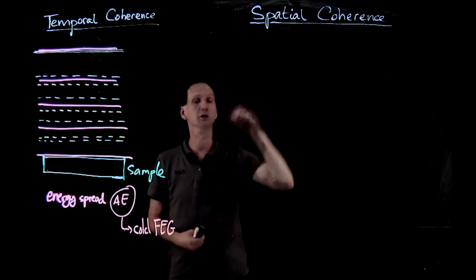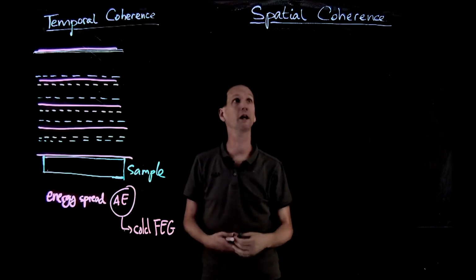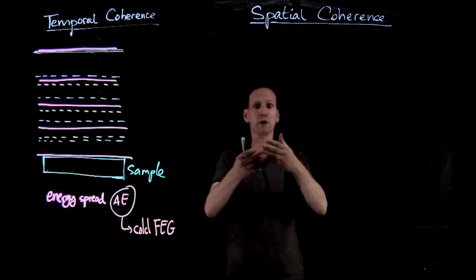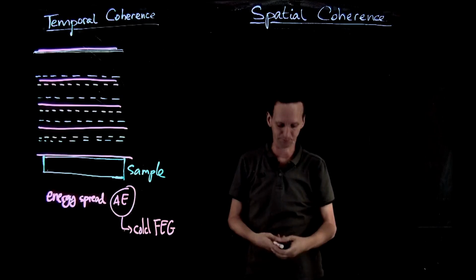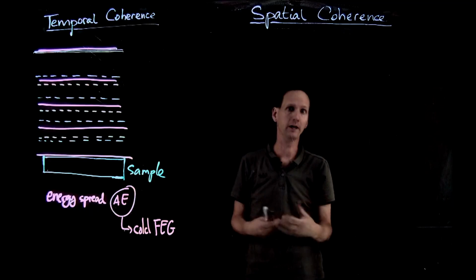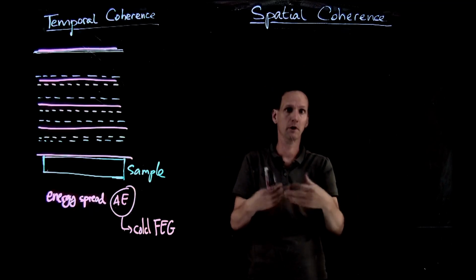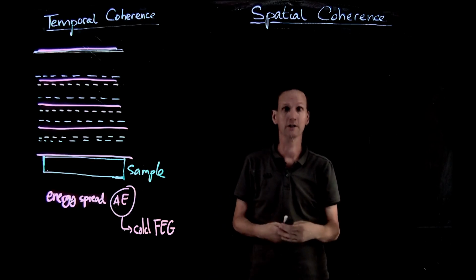Now, the other property is spatial coherence. And spatial coherence is a bit more complicated to understand, but spatial coherence relates to the lateral extent of the coherence of the beam. Now, to understand spatial coherence, we have to look at the plane in our electron beam column where the width of the electron wave is limited.